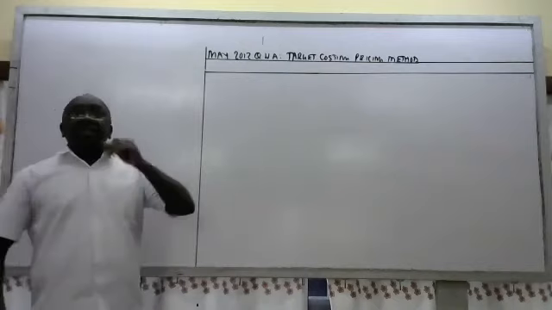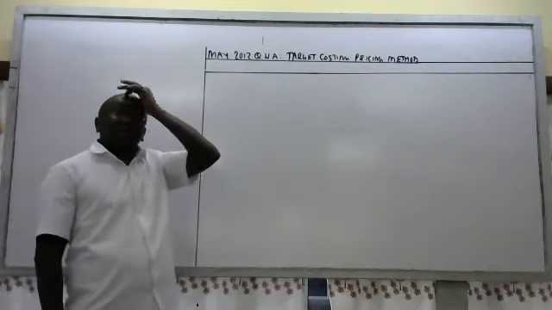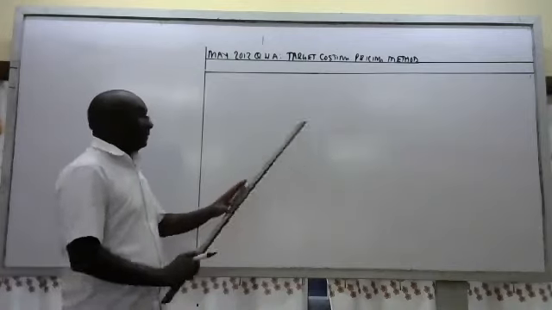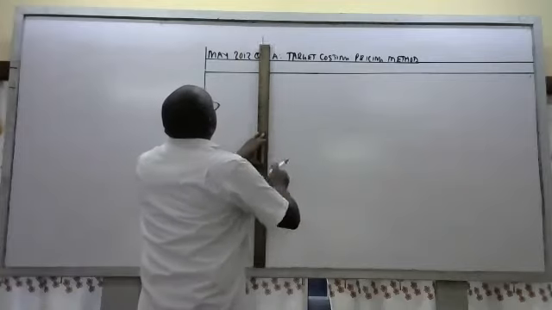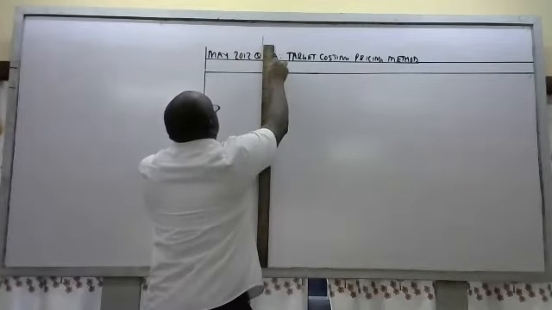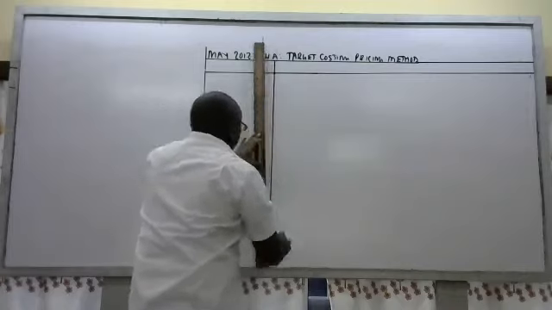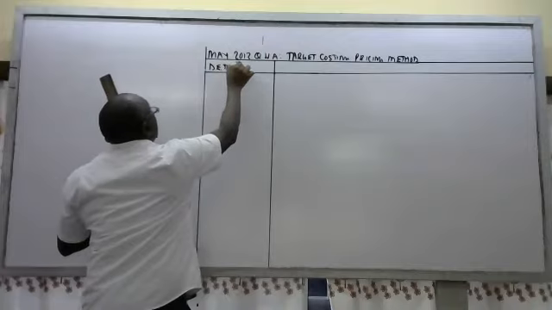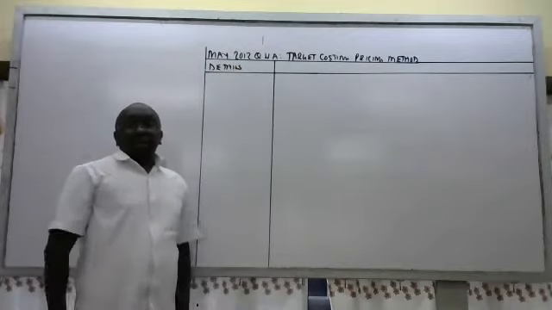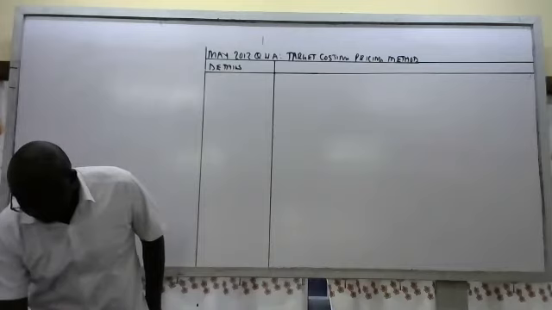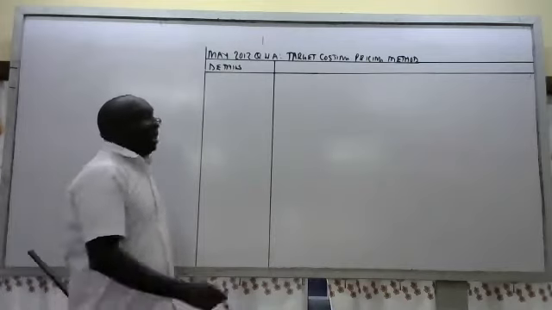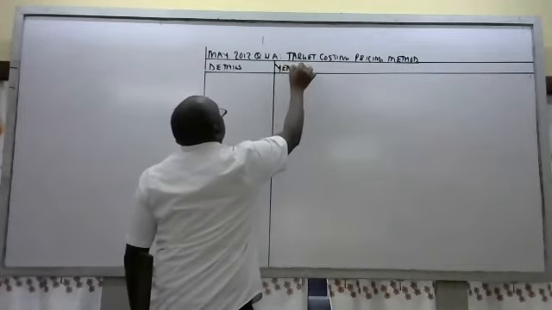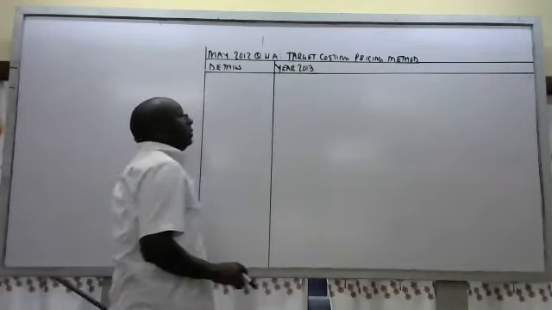We are going to have a table that will have 4 columns, and the columns will be of different sizes. So the first one here is called details. The next column is the year 2013.